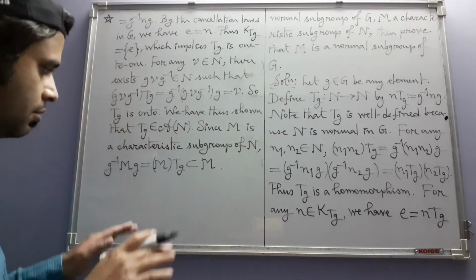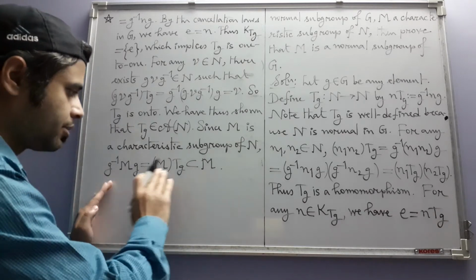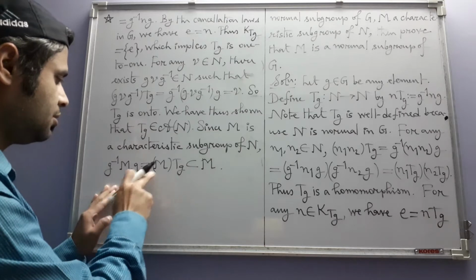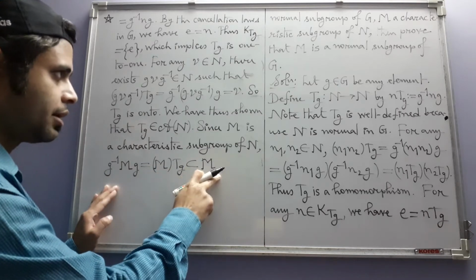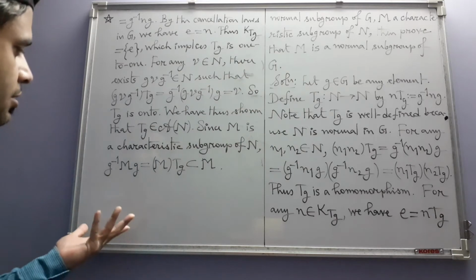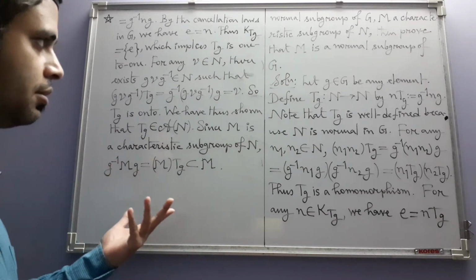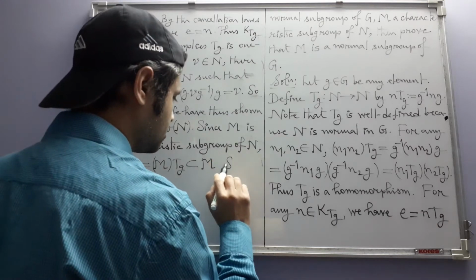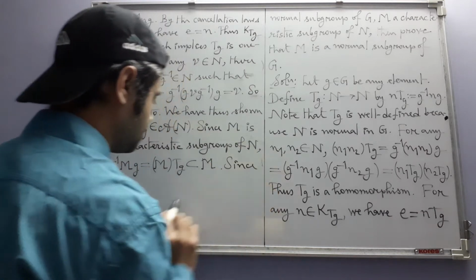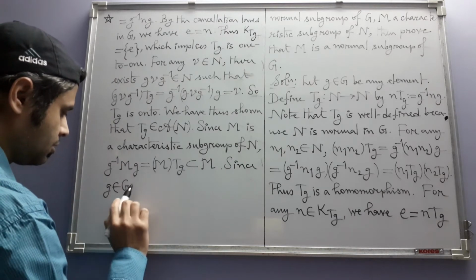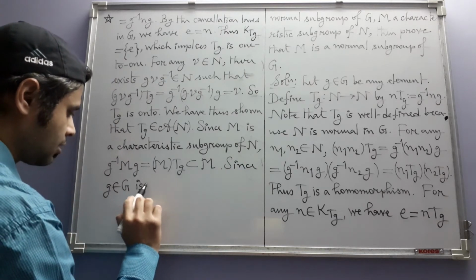Now let's look at this final inclusion. g inverse M g is contained in M, and this is true for any g belonging to G. So this just tells us that M is normal in G, since the element small g is arbitrary.